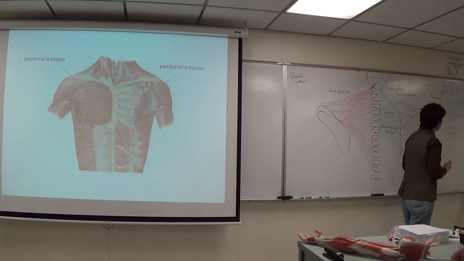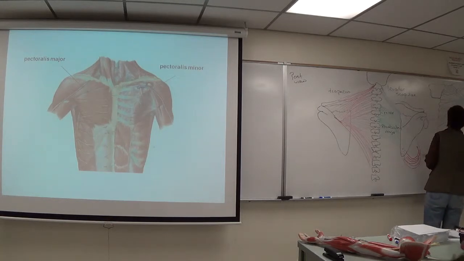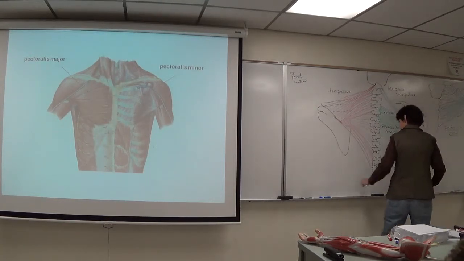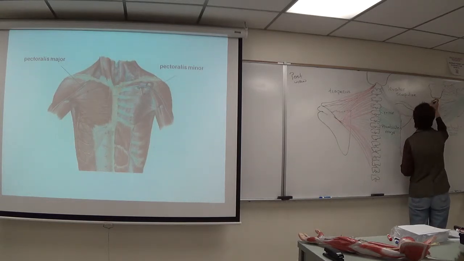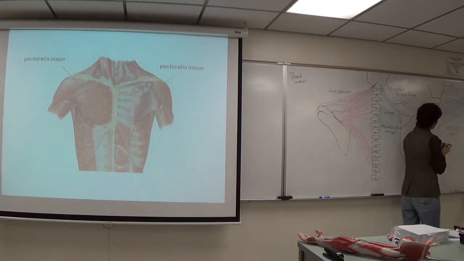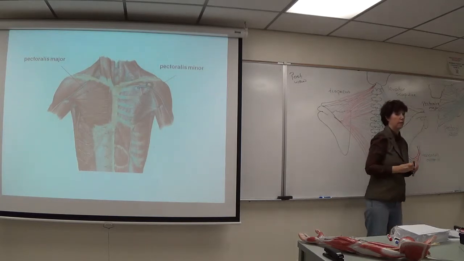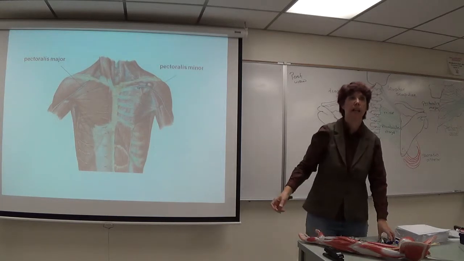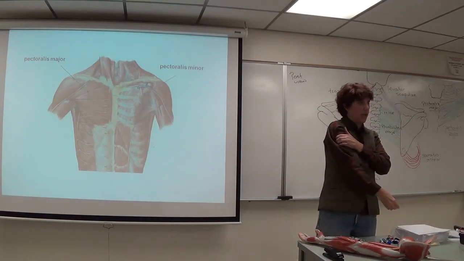So that is pec major. Because it crosses the shoulder from the front, if you think about what it's doing, it's going to pull the humerus across the front of the chest.